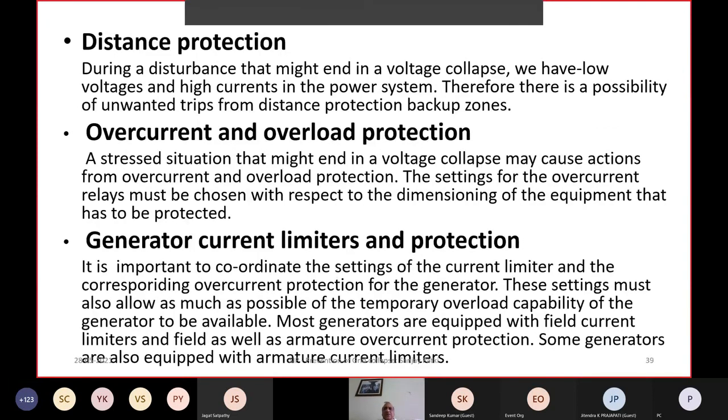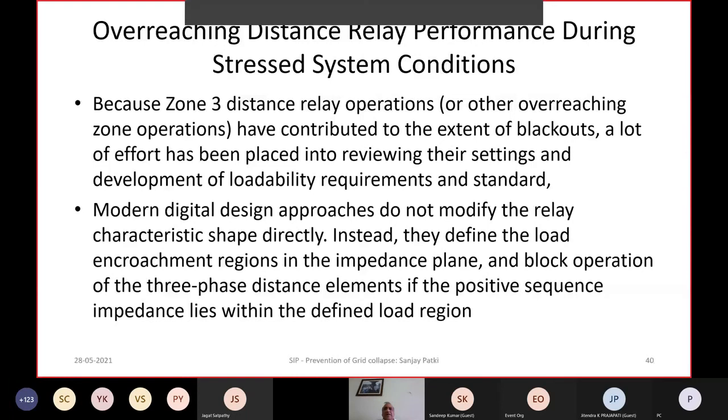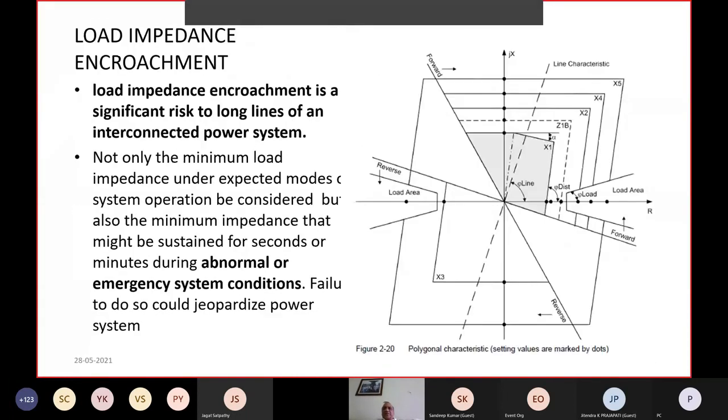So there are various control actions. There are also special protection schemes to prevent this. But the main thing from protection perspective is the load encroachment characteristics. What is the load encroachment characteristics? We talked about quadrilateral characteristics.